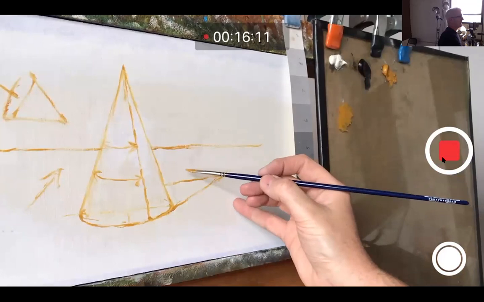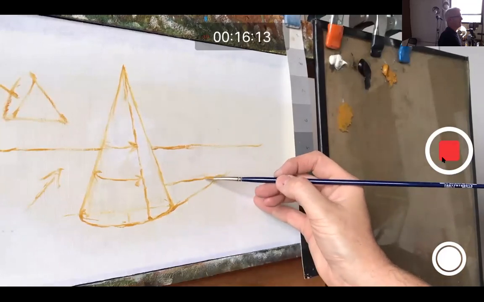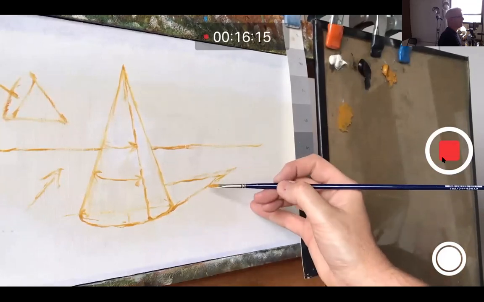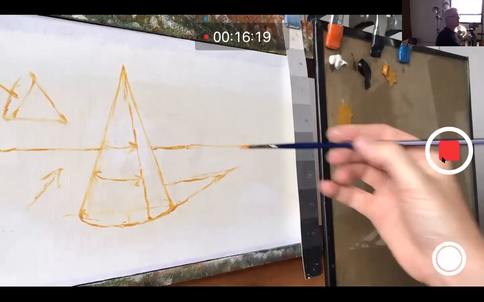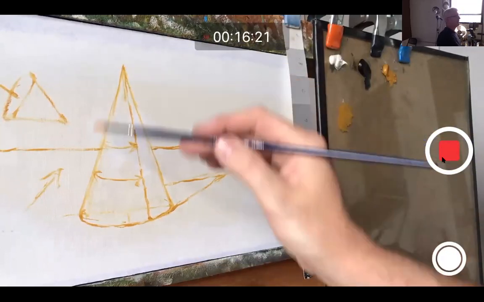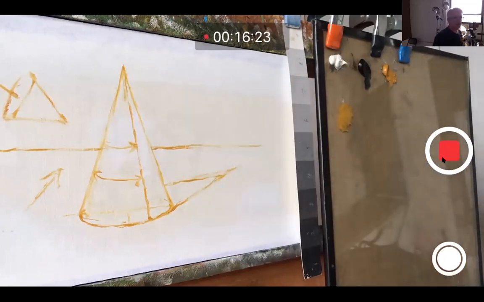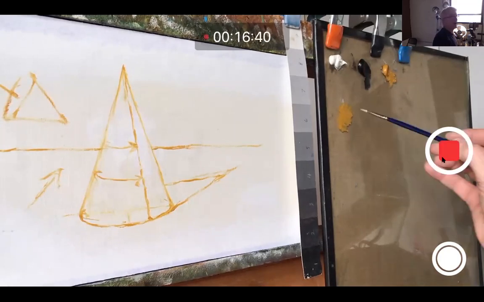And again, that cast shadow pretty much repeats the shape of the cone, which often happens depending on the clarity and sharpness of the light source.